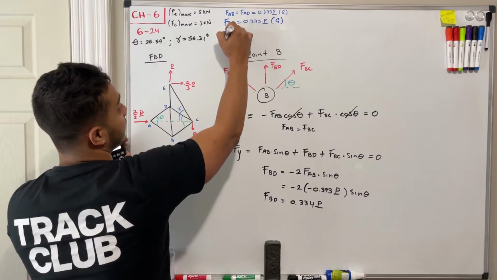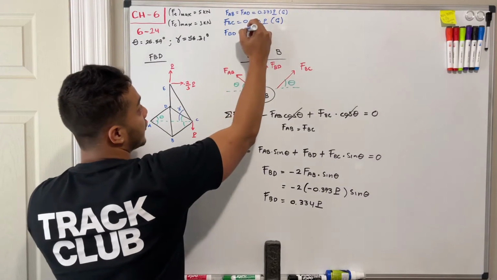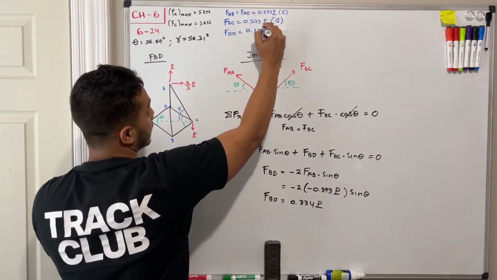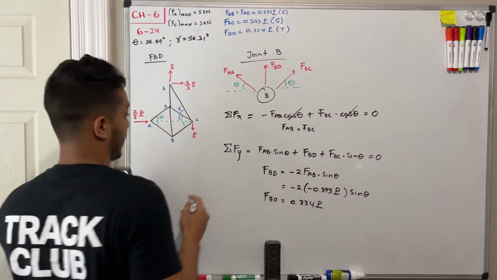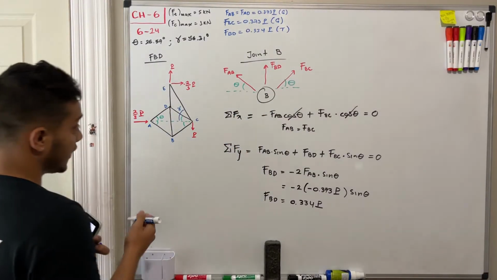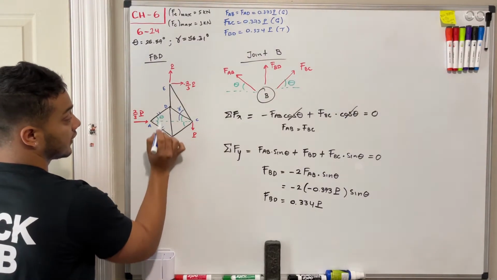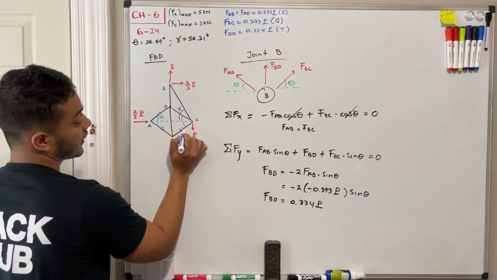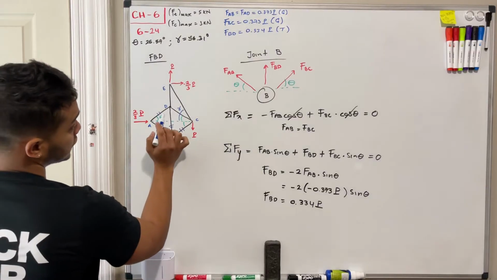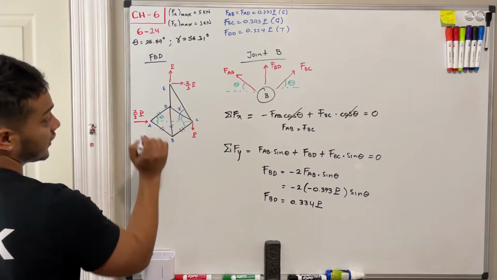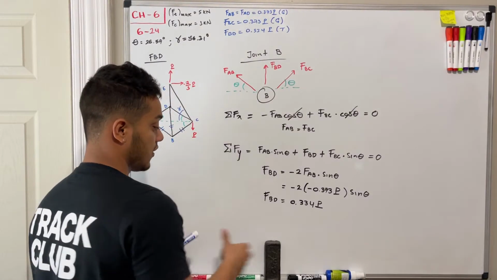While my FBD is equal to 0.334P in tension. So far, we have FAB, we got AD, we got BC, and we also got BD. So the next one that I'm going to do is my joint D, so I can discover DE and DC.